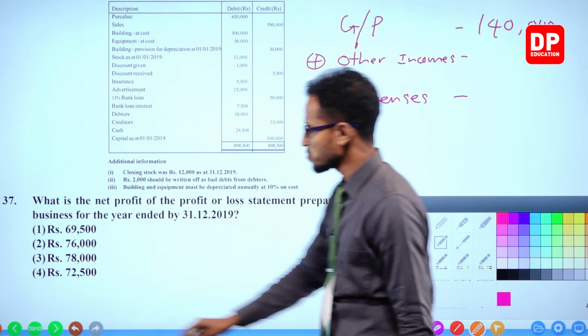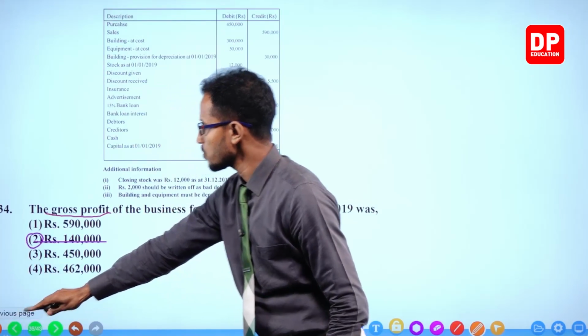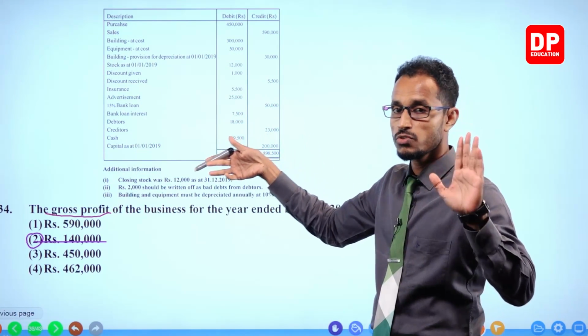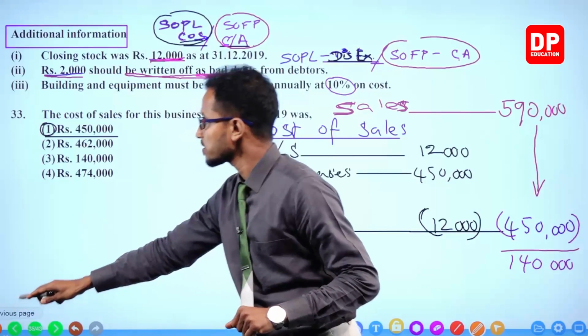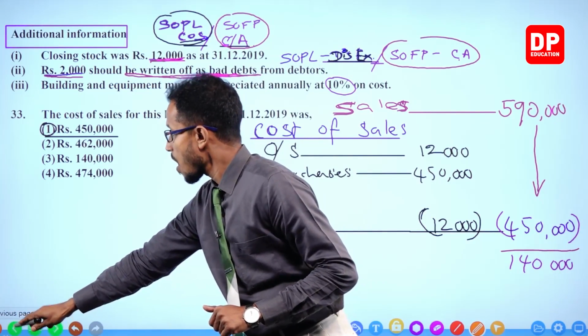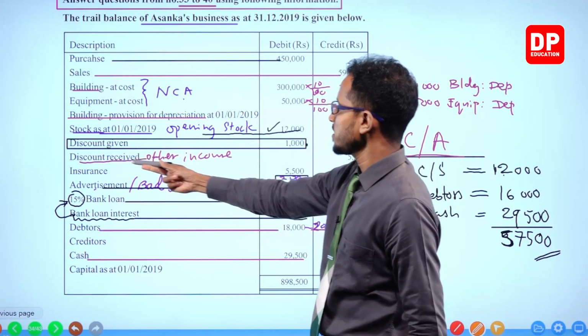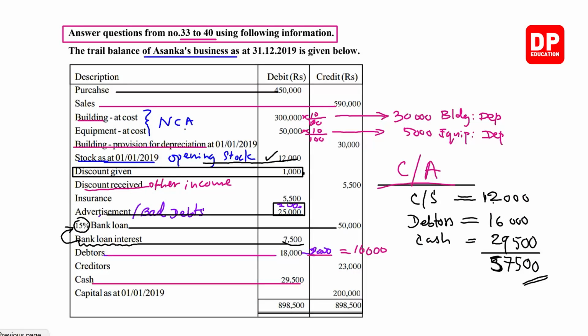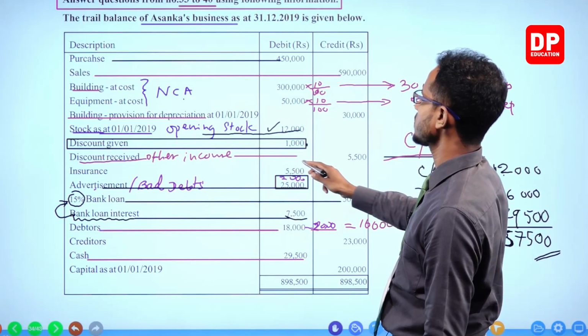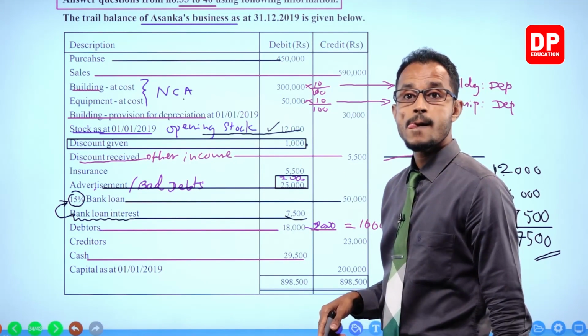I remember there was one other income. Go to the original slide or where you do your workings from the beginning. Keep that workings. There was one other income. See, other incomes. The discount received 5,500. Can you see this?